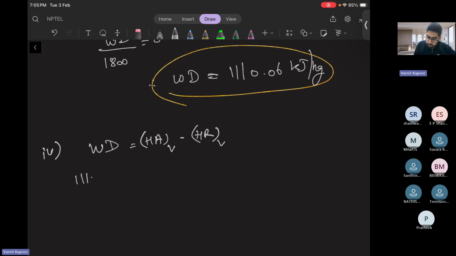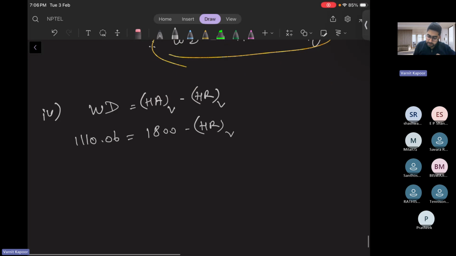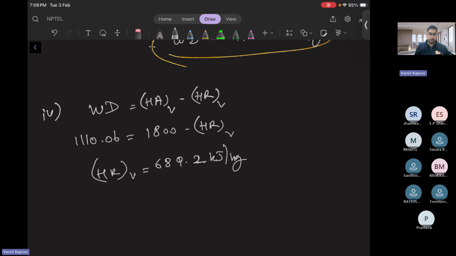Work done you got 1110.06, heat addition was 1800, so heat rejection will come out to be 689.2 kilojoule per kg. You got the heat rejection.